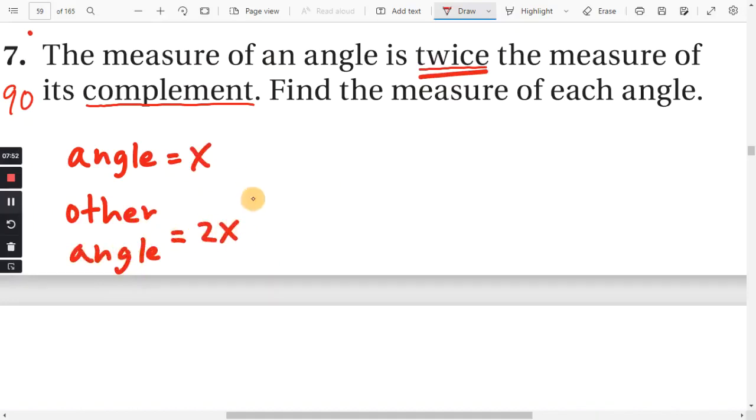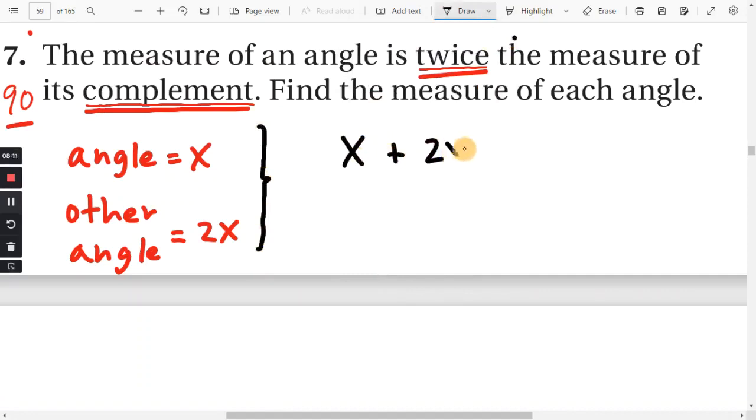Okay, and since they are complements of each other, they add to 90 degrees. So setting up the equation is pretty simple. You just add the 2 angles and set them equal to 90 degrees. Okay, x plus 2x is 90.